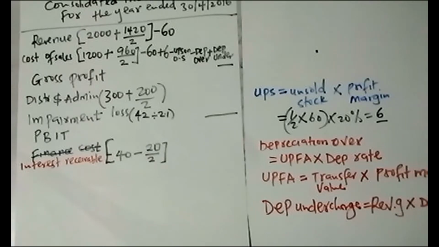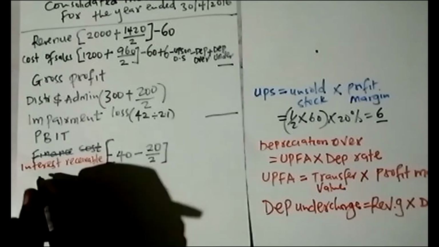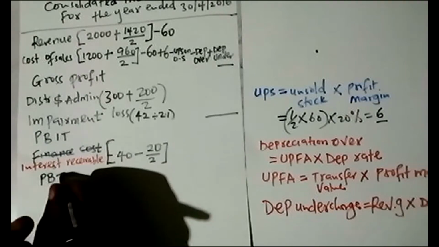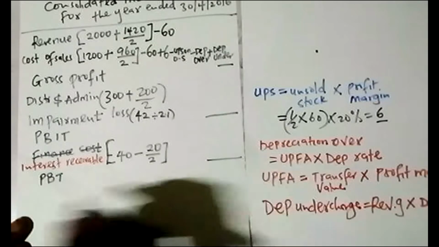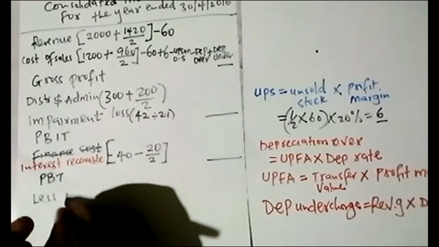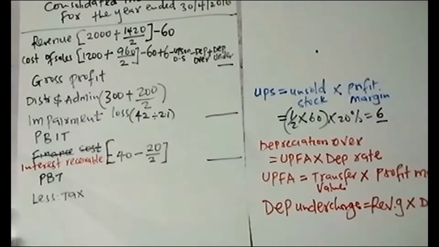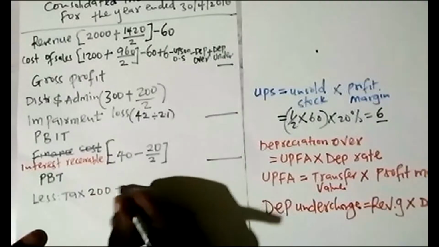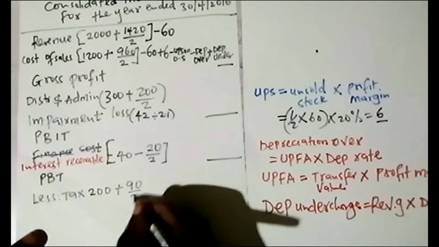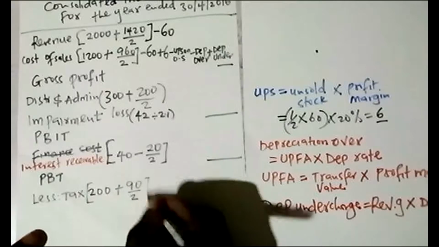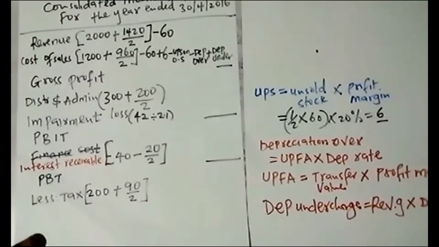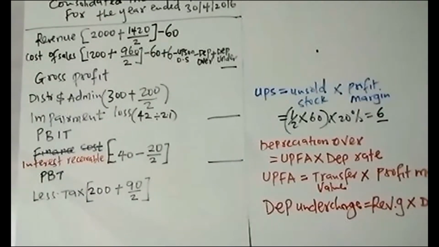So after that, we talk about profit before tax. Then we raise tax. The income tax given is 200. I will add the 90. I will translate this by dividing by 2, that is, I will translate, not convert. So anyway, you understand what I mean?